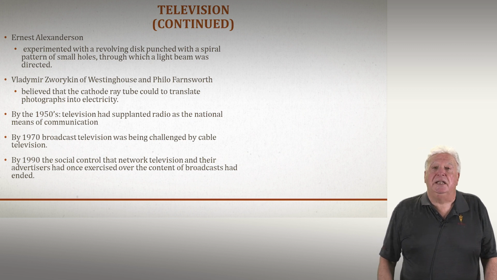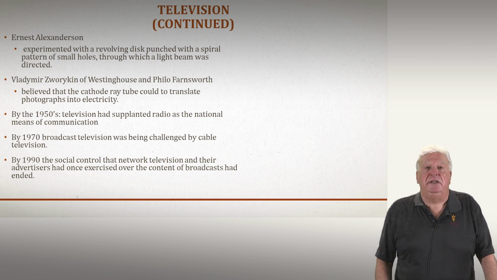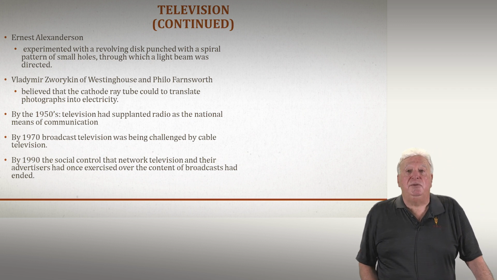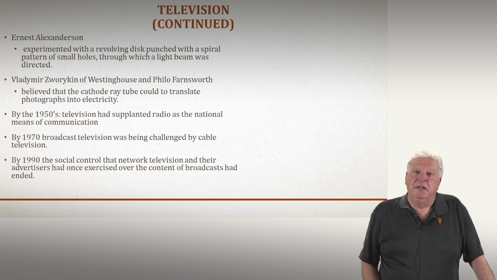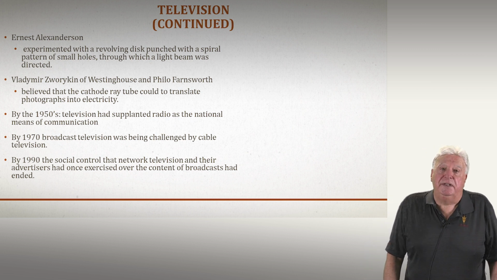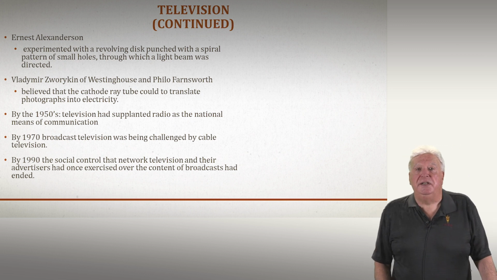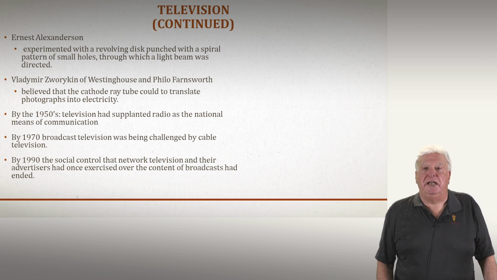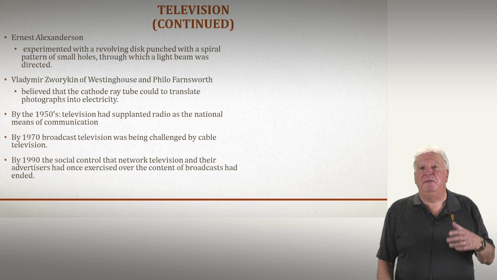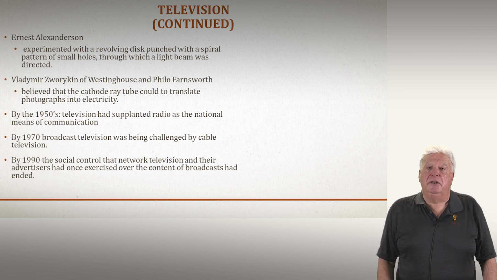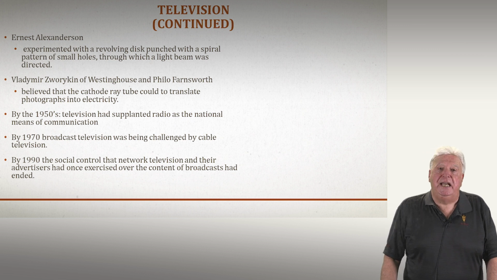By 1920, electrical experts in several countries were experimenting with various ways to translate images into electromagnetic signals that could be carried through wires or projected into the atmosphere. One of these was Ernest Alexanderson of General Electric, who experimented with a revolving disc punched with spiral patterns of small holes, through which a light beam was detected.